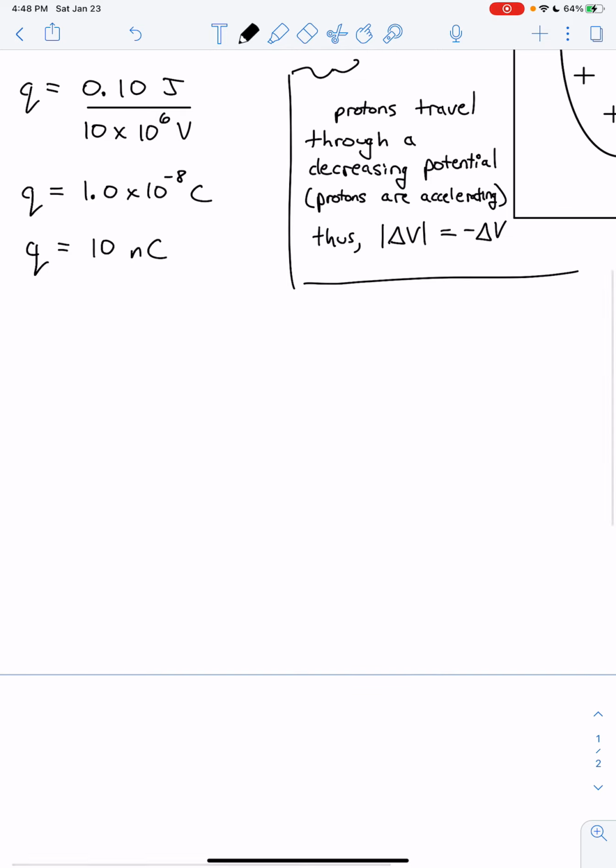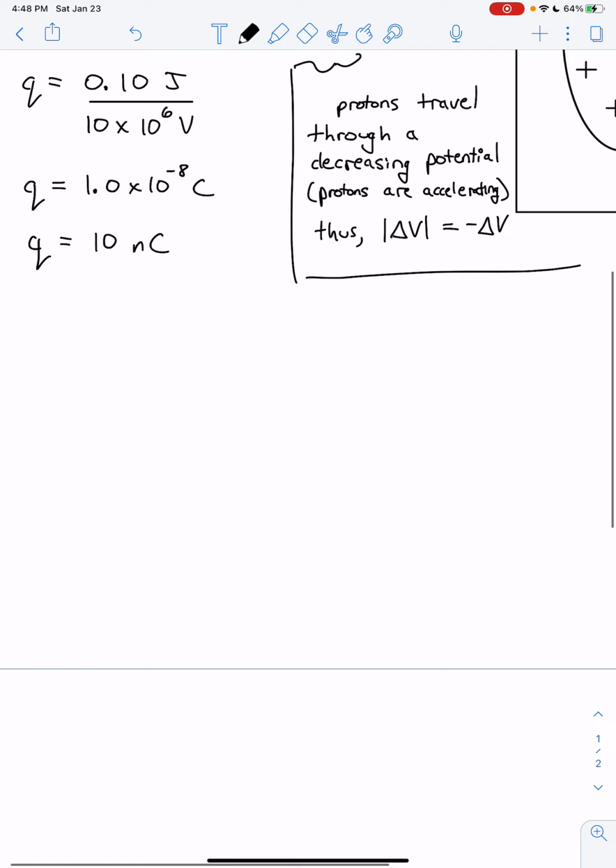So we could then say, if we want to know, well, what number of protons is that?